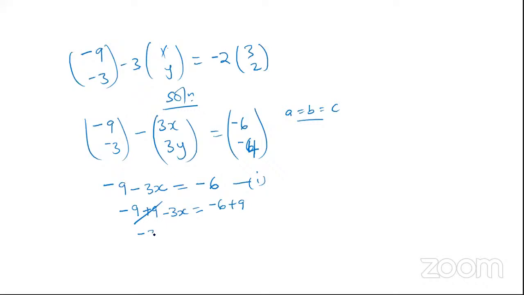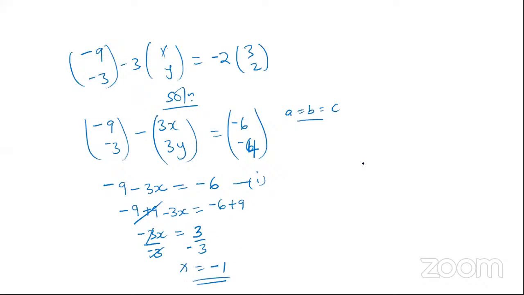So we shall have negative 3x is equal to 3. Therefore, we divide through by negative 3. So our x will be equal to negative 1.